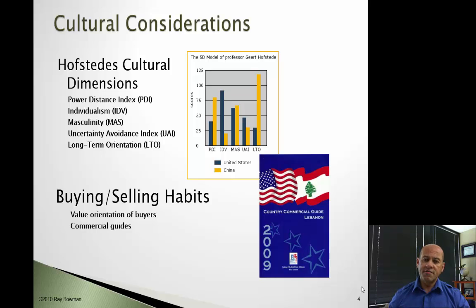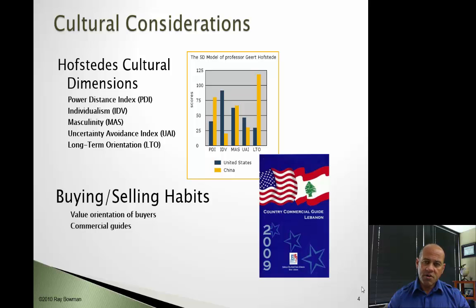Others are more collective. For example, the U.S. is often considered very high in terms of individualism. We tend to set goals, we tend to praise individual achievement, whereas other countries, a lot of Asian countries, for example, may look at decisions and achievements in terms of the collective, in terms of the group, rather than the individual.